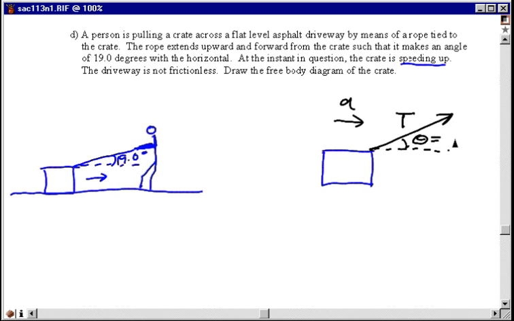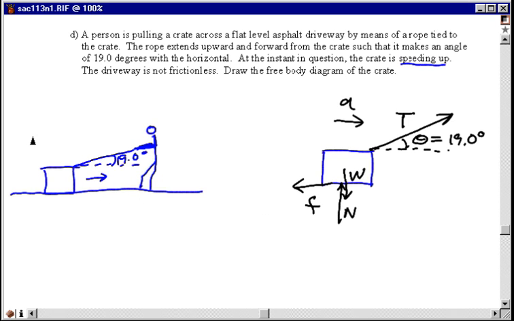I'll define that as theta, 19.0 degrees. And then we've got a weight force exerted on the object by the Earth. There's a normal force acting in the upward direction, and a frictional force acting in the direction opposite to the direction in which the object is going.